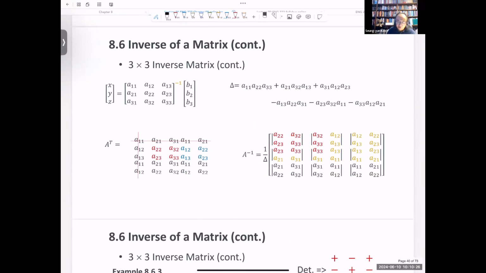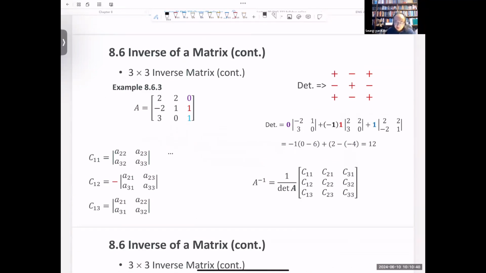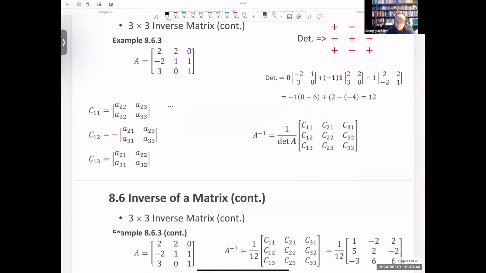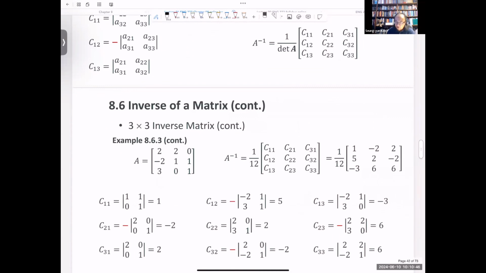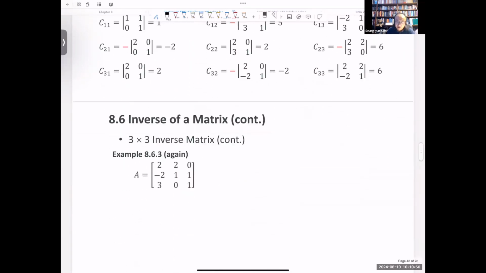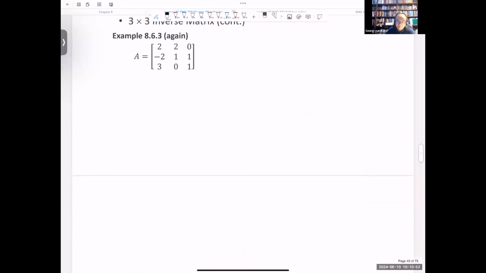And then we need to get the A transpose matrix first, and then copy down 2 rows to the bottom and 2 columns to the right. So here's the example the book did. It's just a kind of long process. So you can take a look at it, but I'm not going to do that.